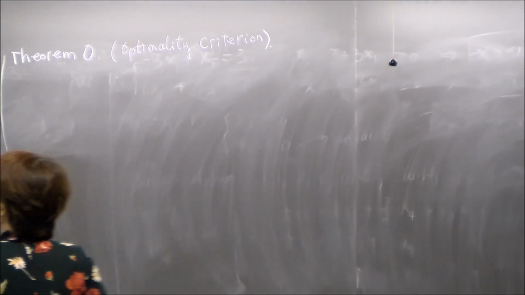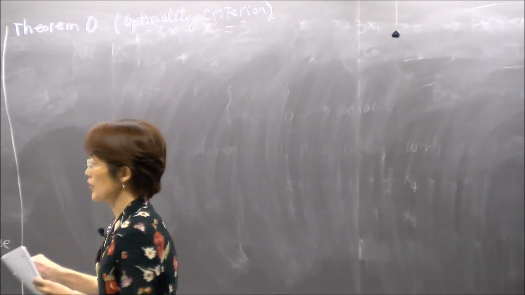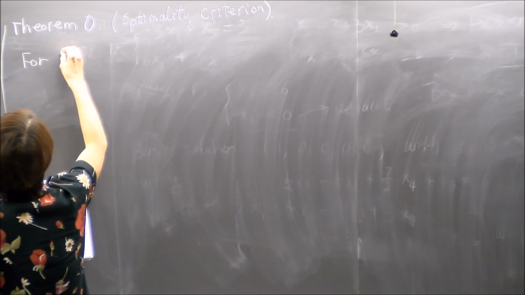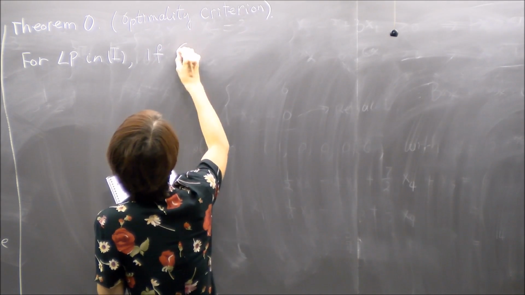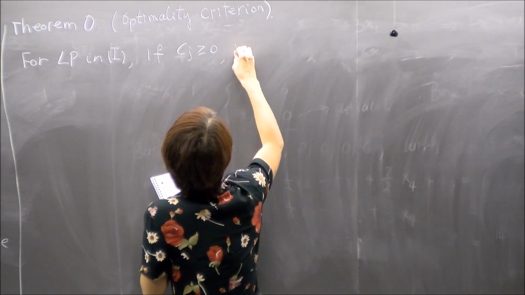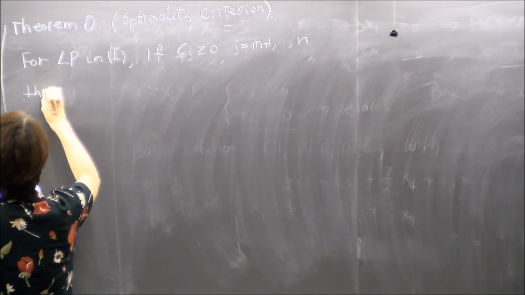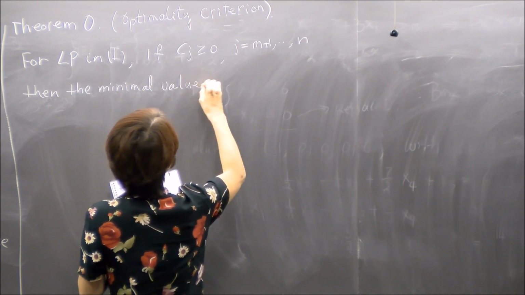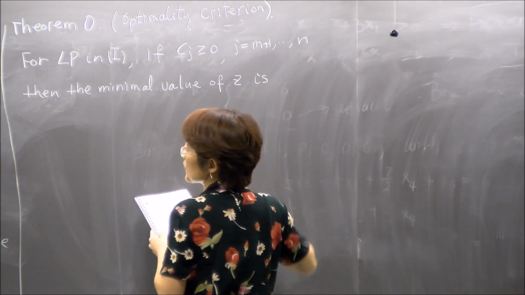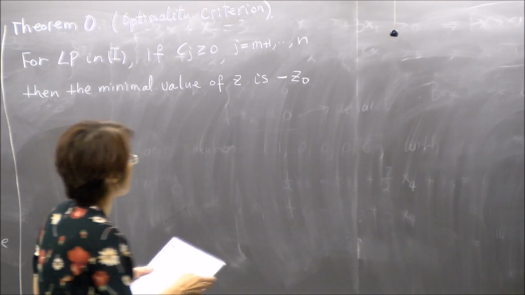Okay, let's write this down using the general form in I. So I will be just writing this observation for the problem in I. So for the linear program problem in I, if all these Cj's are bigger than or equal to 0 for j equal to m plus 1 to n, all the non-basic variables, then the minimal value of z is negative C0, the negative of that constant. Is that right? That's where it reaches its minimum.